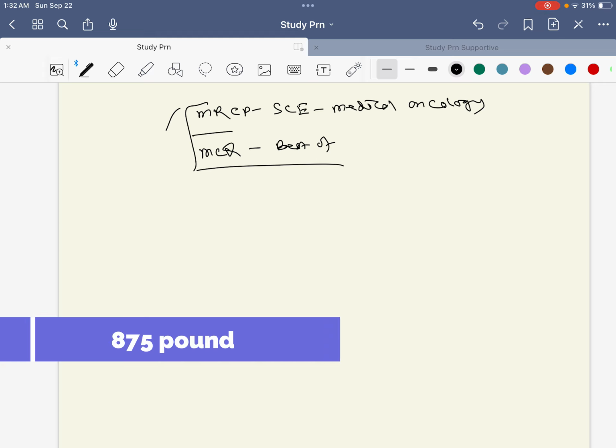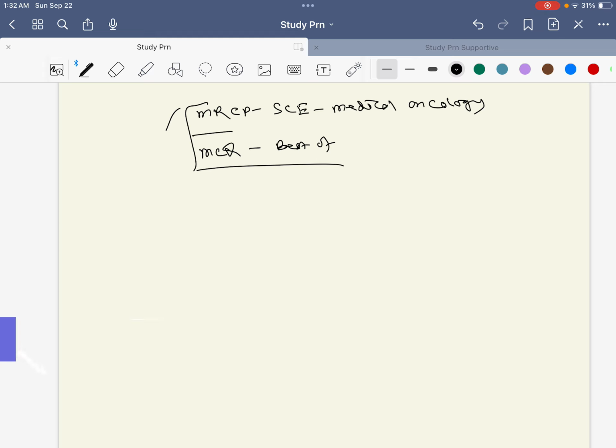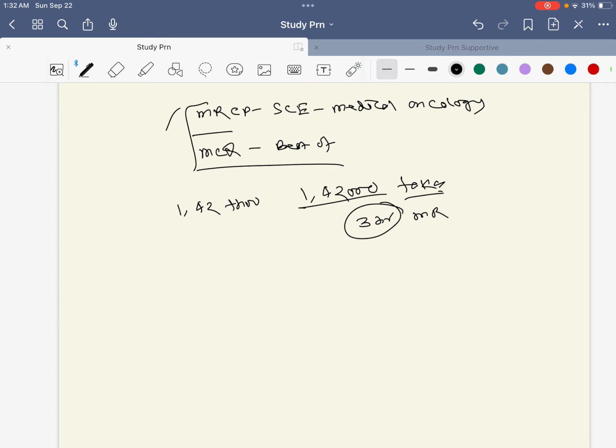In Bangladeshi taka, it's around 1,42,000 taka for the exam. You have to sit the exam for around 3 hours, like the MRCP, as a single paper.